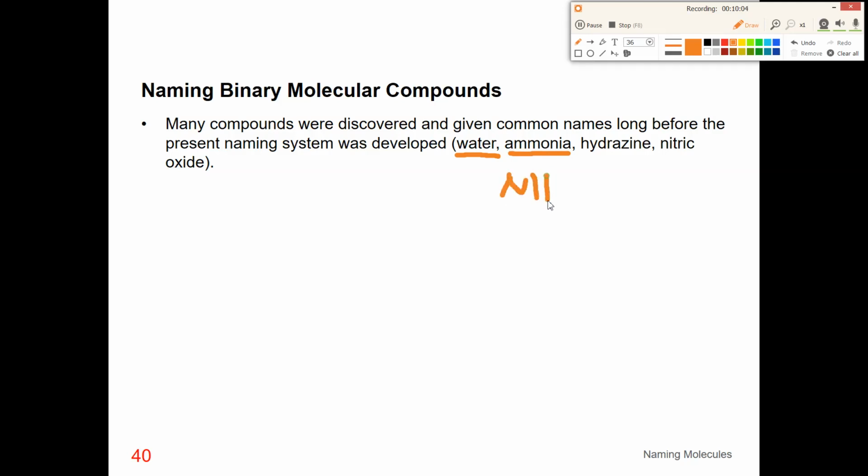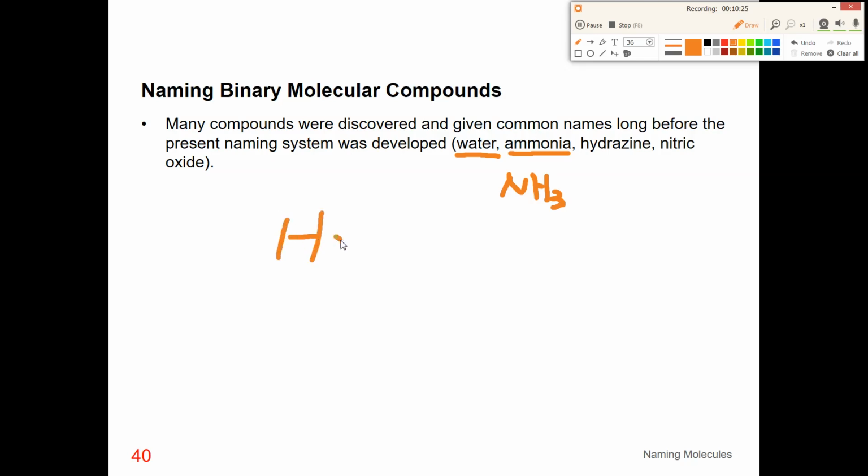So NH3, right? Those are conventional names, common names. We already knew those names before we had a systematic naming system, so we just use the common, conventional name.